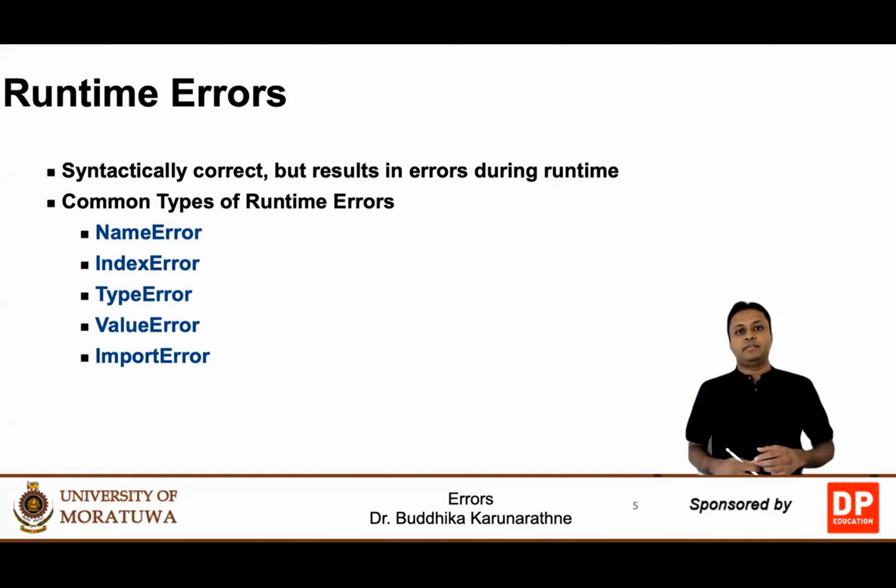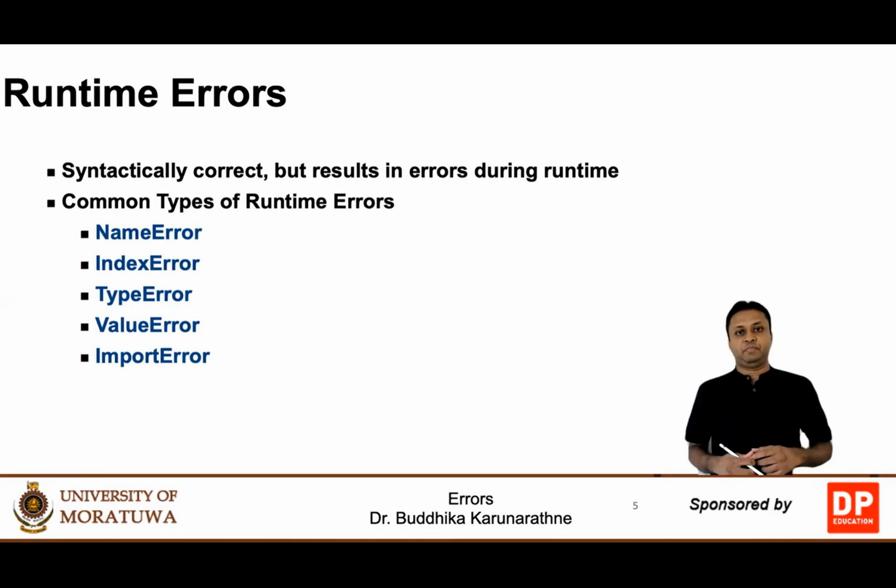Now let's look at runtime errors. Runtime errors occur whenever syntactically correct Python code results in errors at runtime. So there will be an error message telling us what went wrong. And it is important to know that whenever a runtime error occurs and it is not handled properly, your Python program will terminate after that point of error.